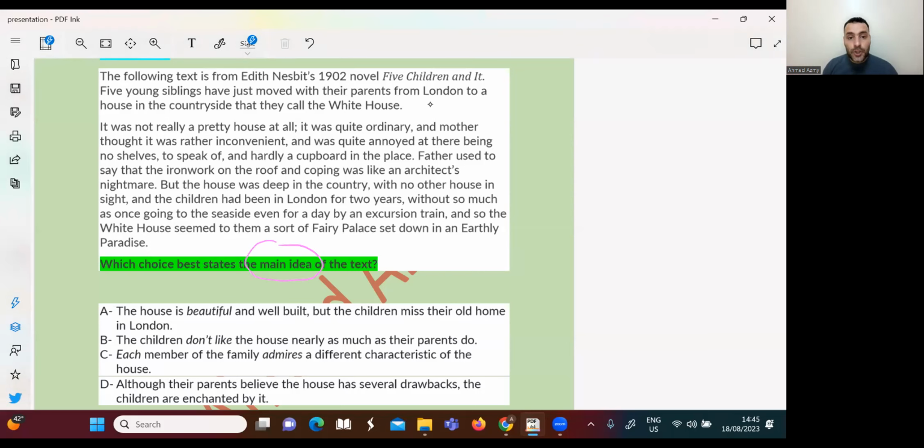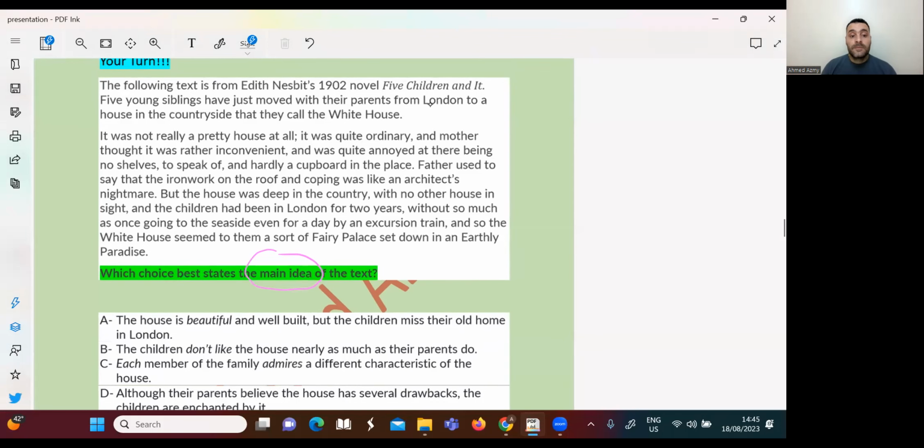I want you to help me map the text. Okay, let's start. I need a different color. So, start reading. Five young siblings have just moved with their parents from London to a house in the countryside that they call the White House.